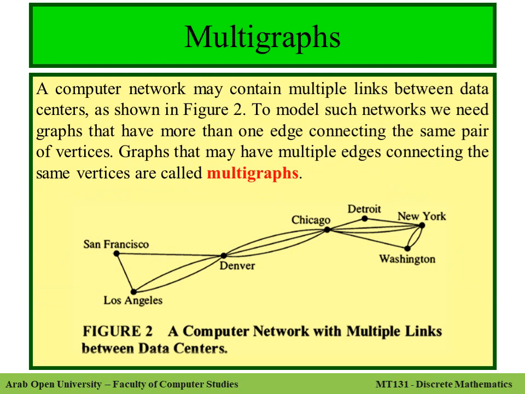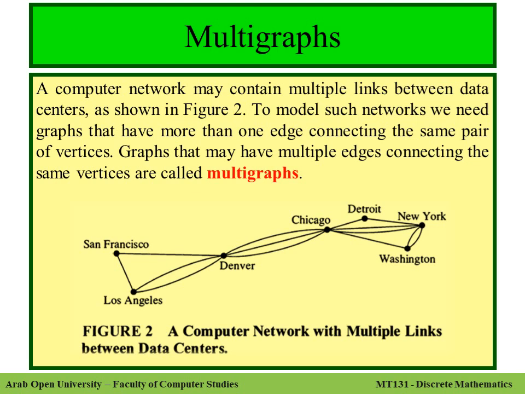If a graph has multiple edges, it's called a multigraph. Here is the same network, the same data centers. This time it's showing multiple links. Sometimes with big data centers there is a lot of traffic, so more than one data link is used. In this case, multiple edges might connect a pair of vertices.